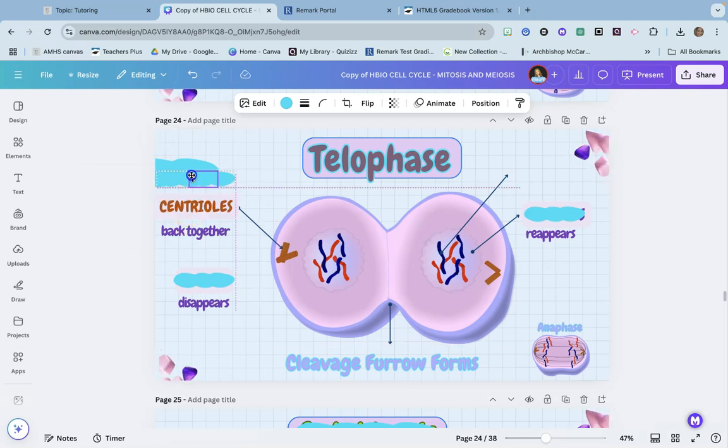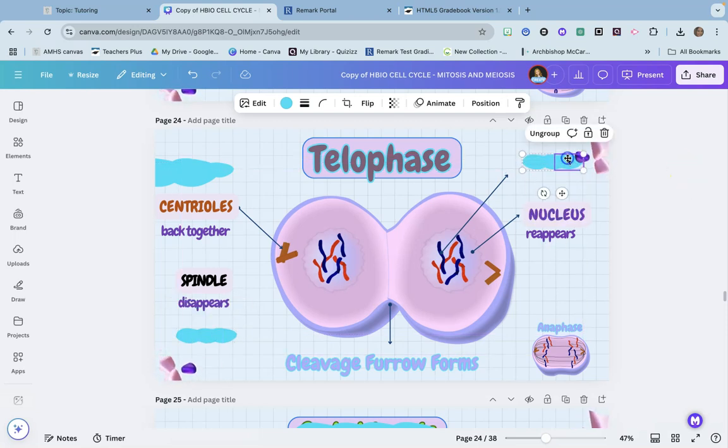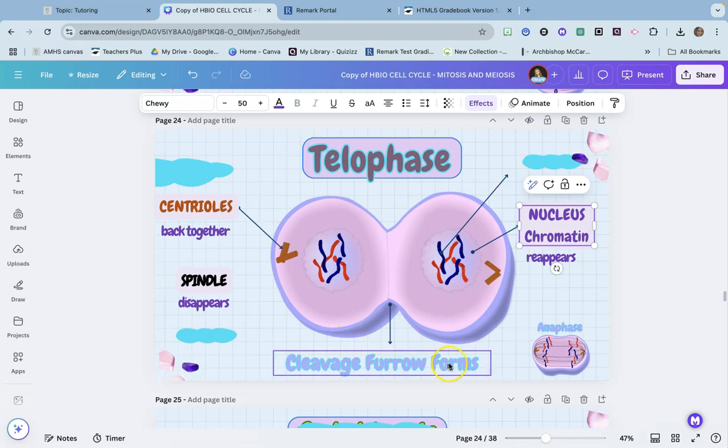Centrioles back together. What disappears? Spindle. What reappears? The nucleus. And let's add here too, let's add not just the nucleus, but the chromatin, right? Because I don't have chromosomes anymore. But it doesn't matter. It's still chromosomes. And then I added the cleavage furrow forms. This is your cytoplasm bending.